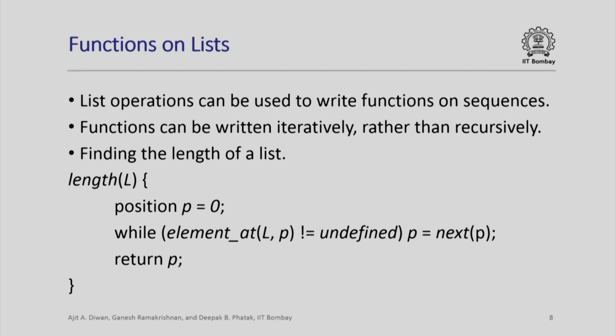That is, while there is an element at position P, we keep incrementing P till you reach a point where there is no element in list L at position P, right. So, remember, element at L P will be undefined when there is no element in L at position P, and this will happen only when P becomes equal to the length of the list, and so we return P. So, this is the length function.